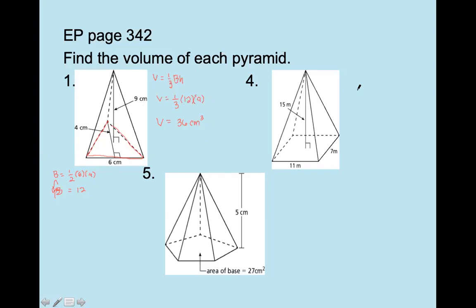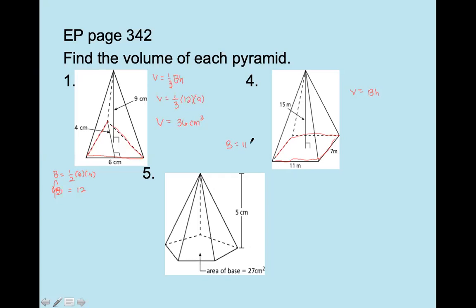Again, we're going to use the same volume formula. Volume is equal to 1/3 area of the base times the height. So this time I'm going to look at my base. This time my base looks like a rectangle. All right, so this time big B is the area of a rectangle, and the area of a rectangle is length times width.